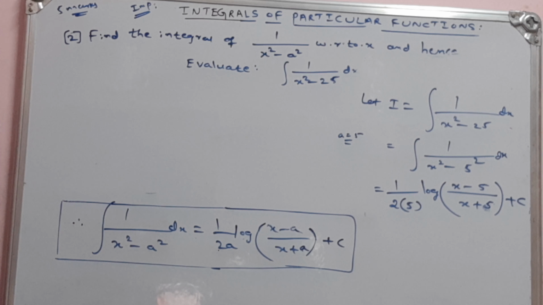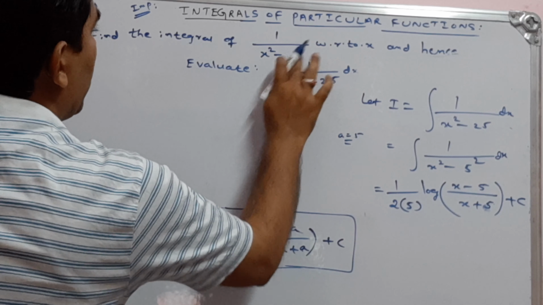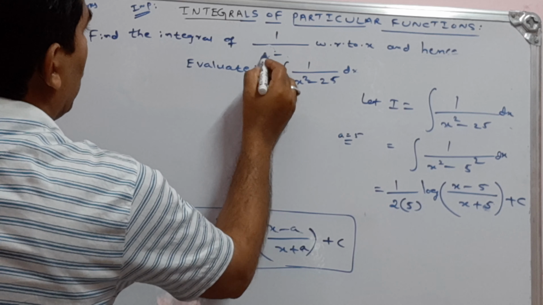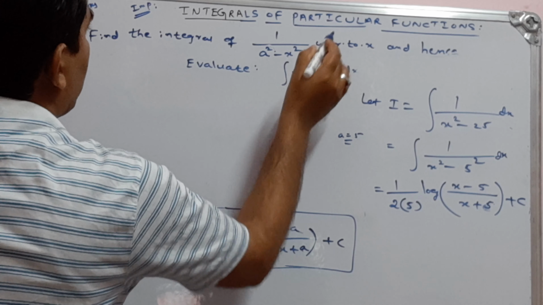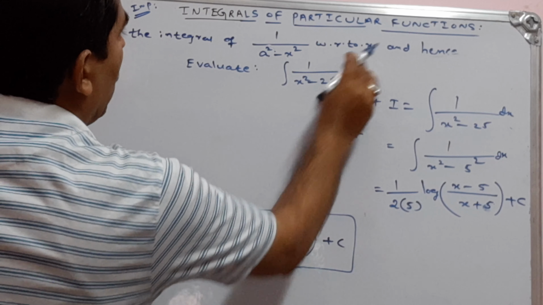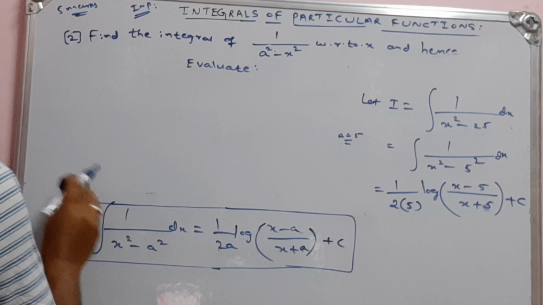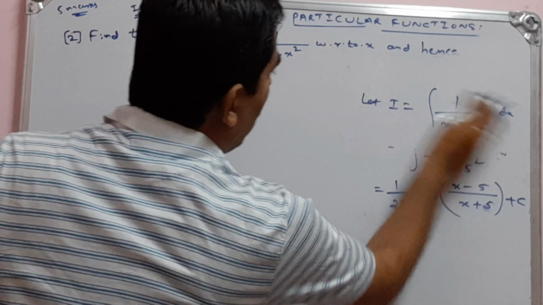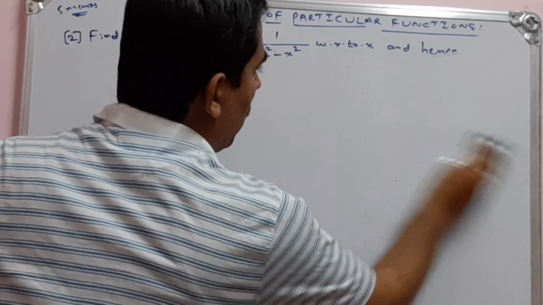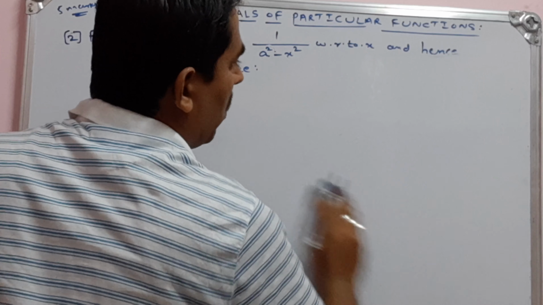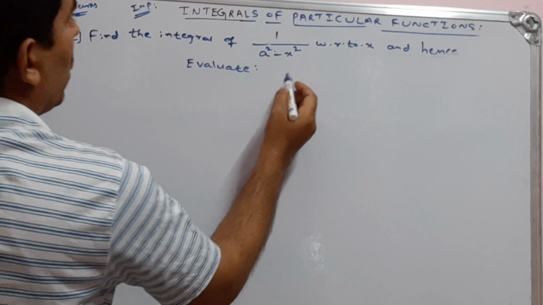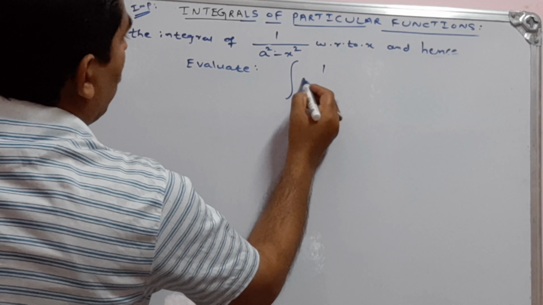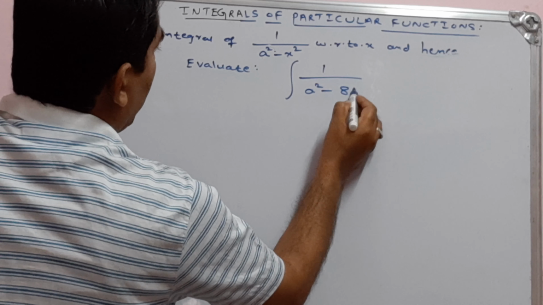Second question is, find the integral of 1 by a square minus x square with respect to x, and hence evaluate the integration of 1 by 81 minus x square.